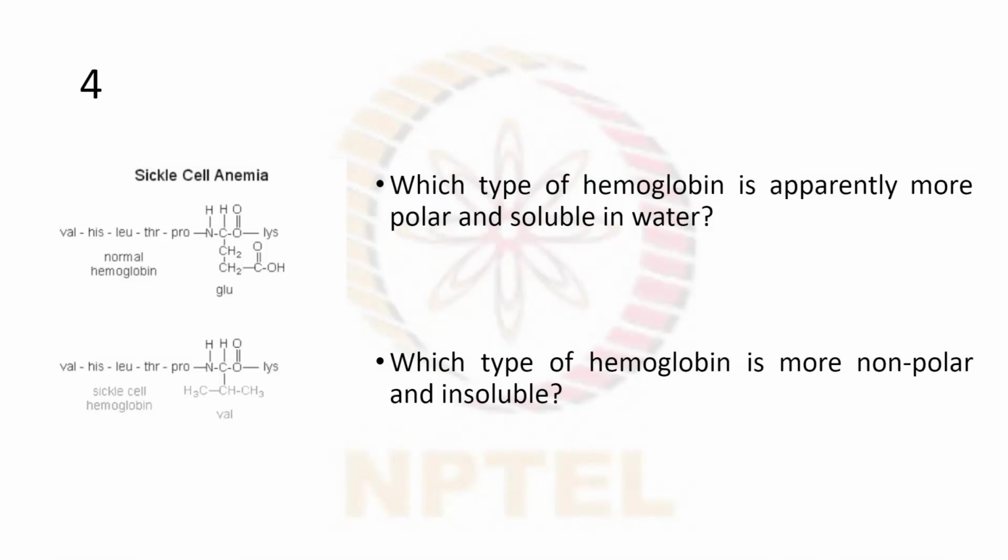So here I have given a comparison of hemoglobin in a normal and a disease state. First one is normal hemoglobin. Second one is hemoglobin in a patient of sickle cell anemia.